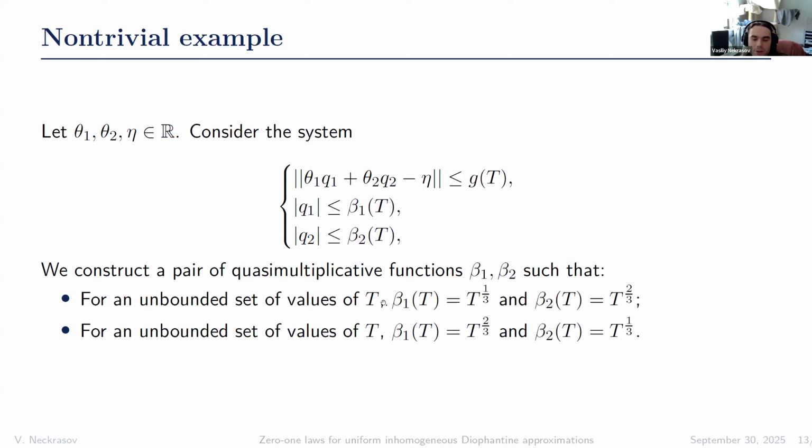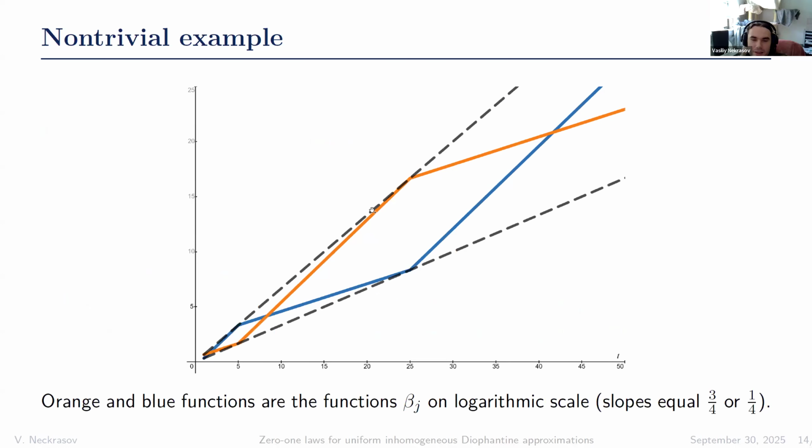Infinitely many times, the first function is power 1/3 and the second is power 2/3, and then they alternate and then they alternate again. So we are at once, for different times, considering two different setups of weighted approximation. This function is easy to construct as a piecewise linear function on logarithmic scale.